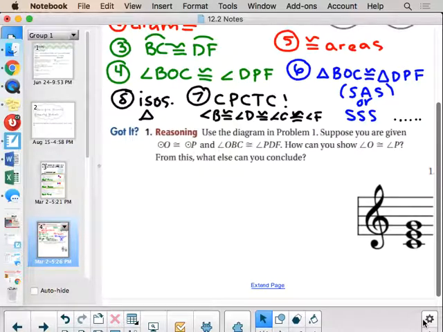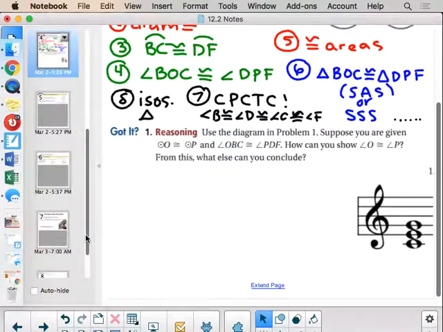I'm trying to get to about the same point. Like, how would you be able to get to further conclusions with different given information?